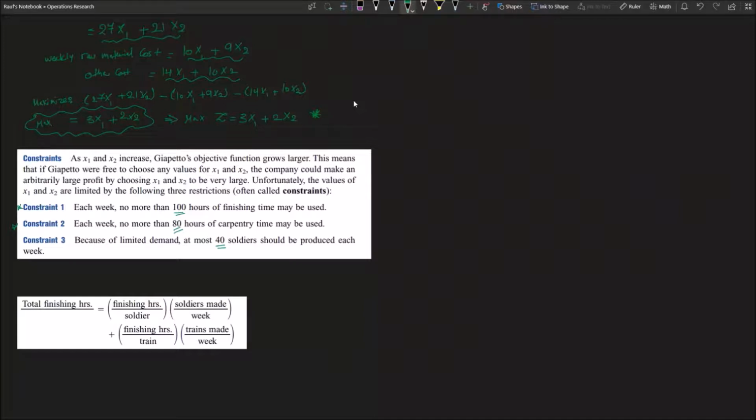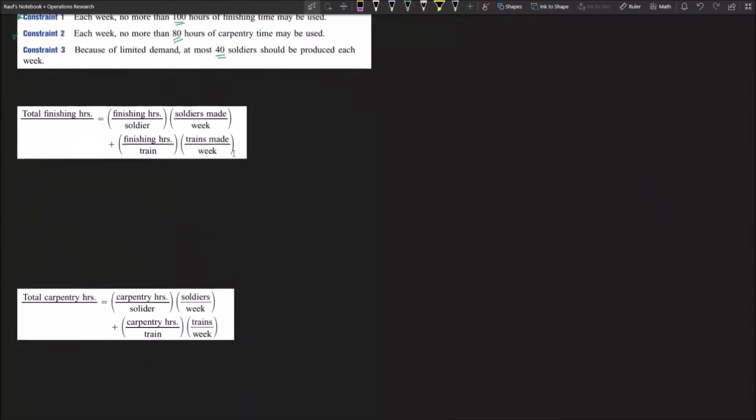With that being said, you can say the constraints expressed earlier can be represented in the following equation. So you have total finishing hours equals finishing hours per soldier multiplied by soldiers made per week, plus the finishing hours per train multiplied by trains made per week.